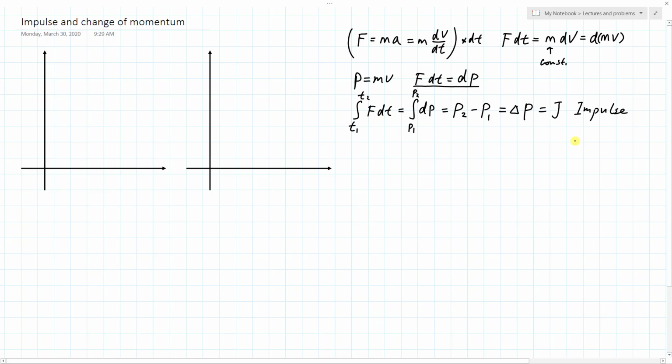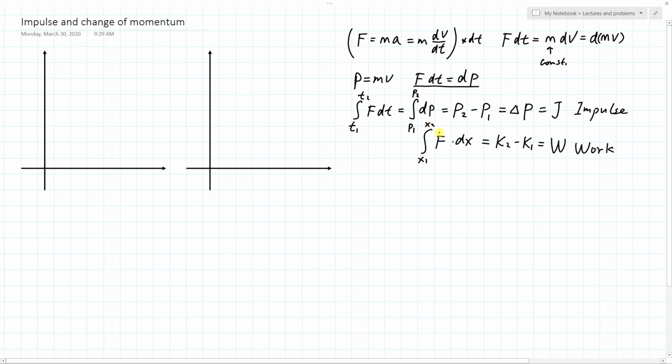If you recall, there's a similar concept that's defined just like that. It's called work, W. Let's write backwards. Work is the change of kinetic energy, K2 minus K1, which is delta K. Work is also defined as the integral of F dx, from x1 to x2.